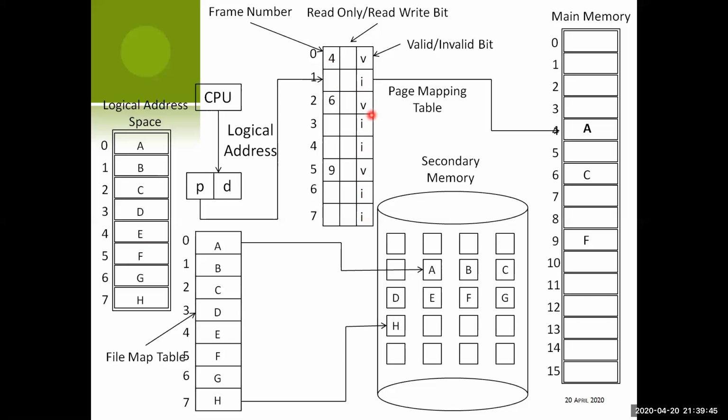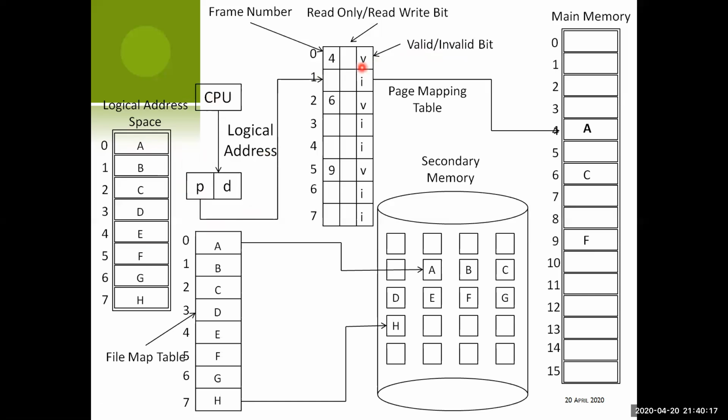Now, the execution will look like this. Suppose the CPU has generated an address for page 0. The CPU will generate the logical address. Based on this logical address, we will find the page number. The page number is 0. Then we will go to the page mapping table and find whether this page is set as valid or invalid.